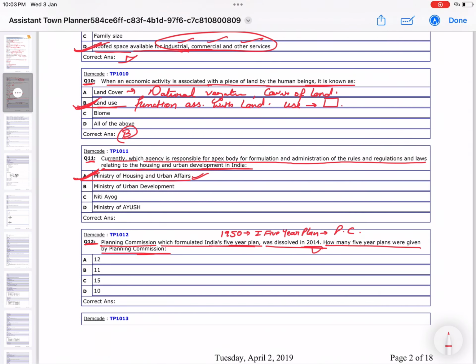It was dissolved and replaced by Niti Aayog. Niti Aayog was formed in 2015. And how many have they given? They have given a total of 12 5-year plans, and the 12th 5-year plan talks about sustainable plus inclusive growth.